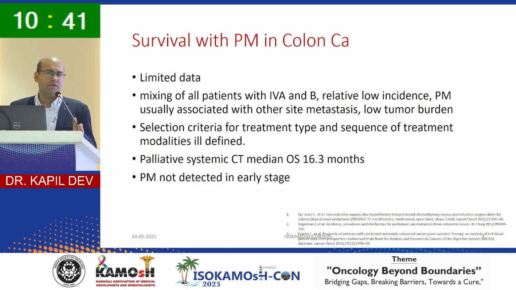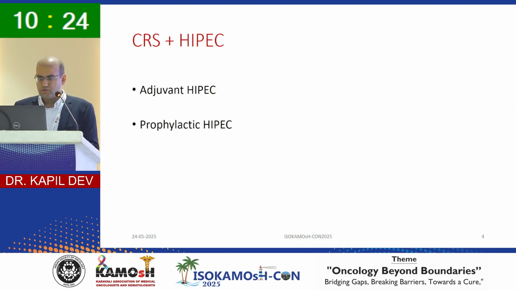For colorectal cancer with metastatic disease, palliative systemic treatment is the standard guideline treatment, with median survival of approximately 13 to 16 months. And usually the isolated disease is not detected earlier.